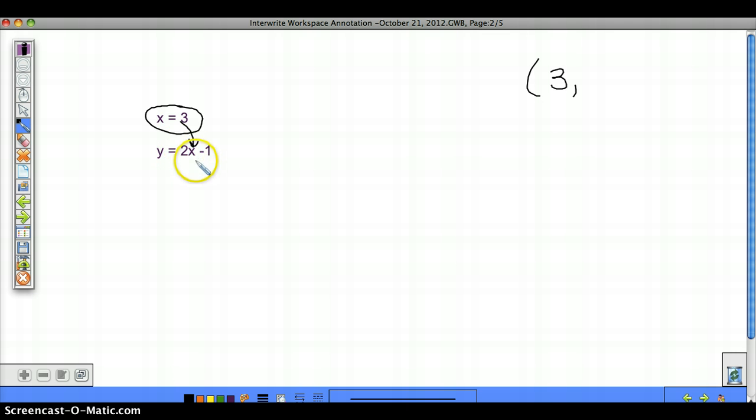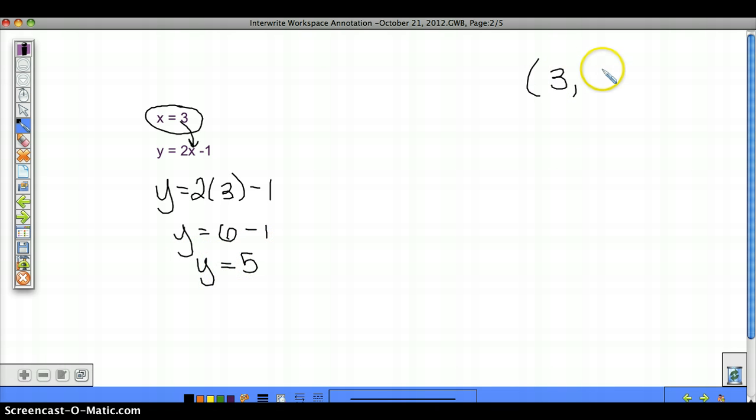We are going to substitute. This x equals 3 is the same x as down here. It's the same letter. So this becomes y equals 2 times 3 minus 1. So y is 6 minus 1, which is 5. So my answer here would be (3, 5).